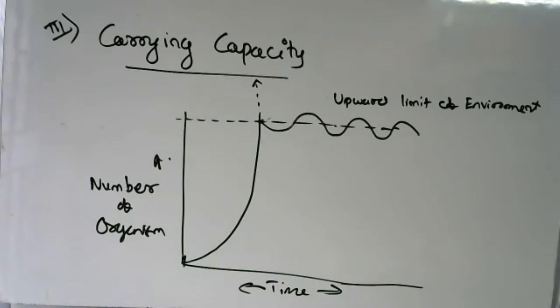Okay, I repeat. The population grows rapidly. It's not because of the increase in reproduction, but the survival of more offsprings. Next sentence. As the number of organisms increases, the environmental resistance begins to increase proportionately.